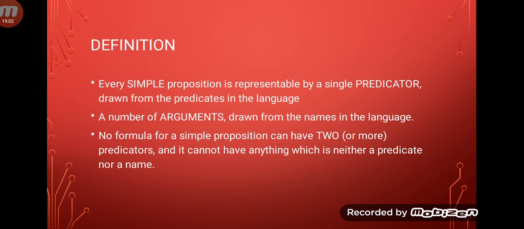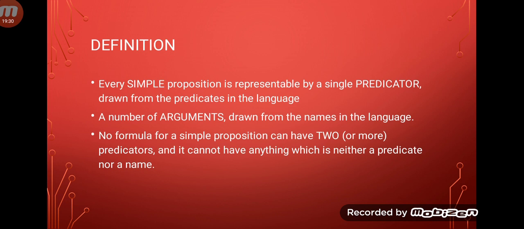I have a definition here. Every simple proposition is representable by a single predicator drawn from the predicates in the language, and a number of arguments drawn from the names in the language. This becomes an argument.